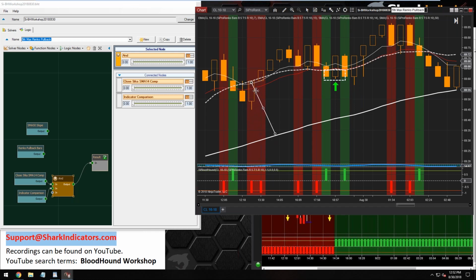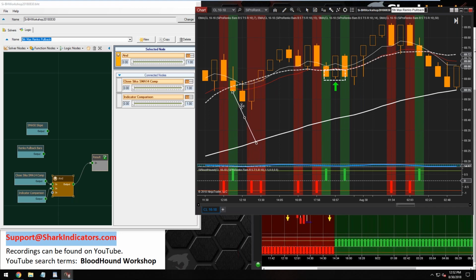This bar here just barely closed above the SMA. So if we were in a short trend, this would be the pullback bar that would qualify. So remember, we're just looking at the individual pullback bars output. We're not looking at the entire system yet. So this is just identifying a proper pullback bar, right?